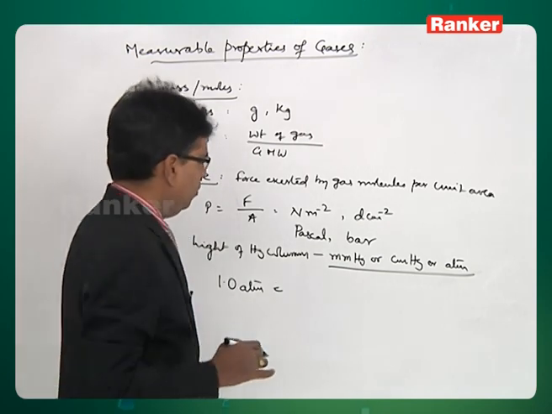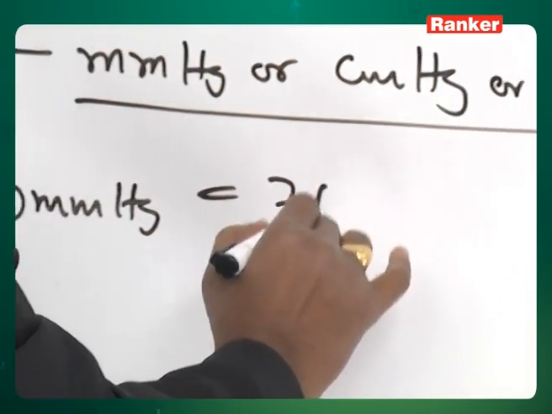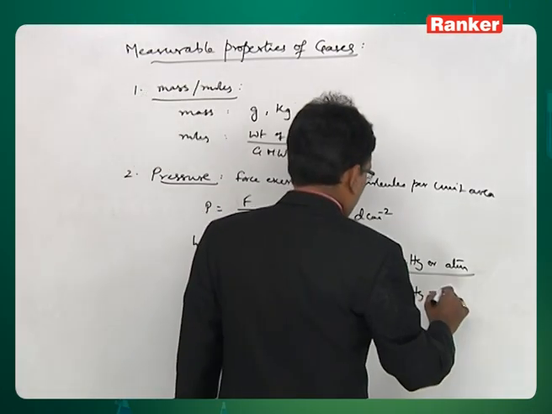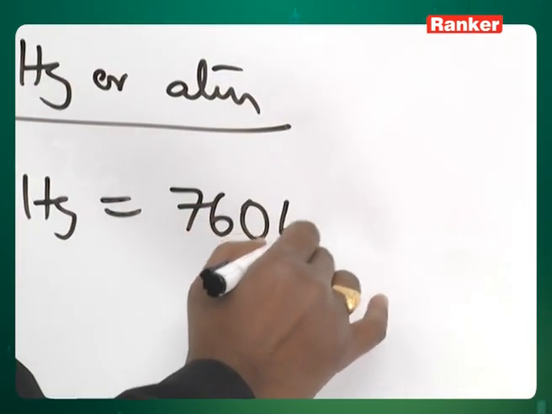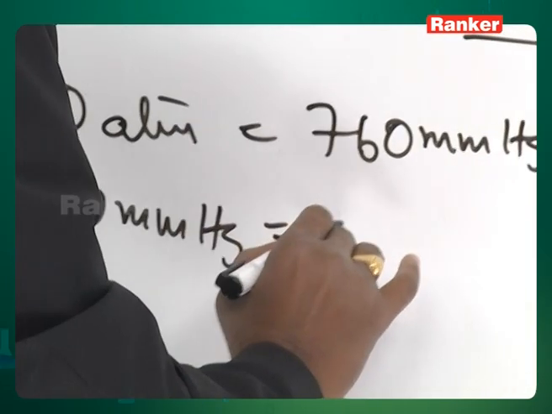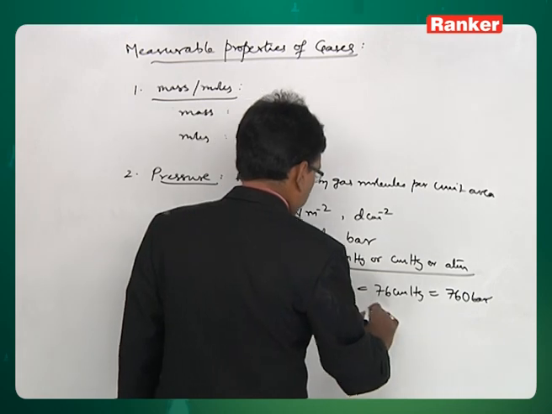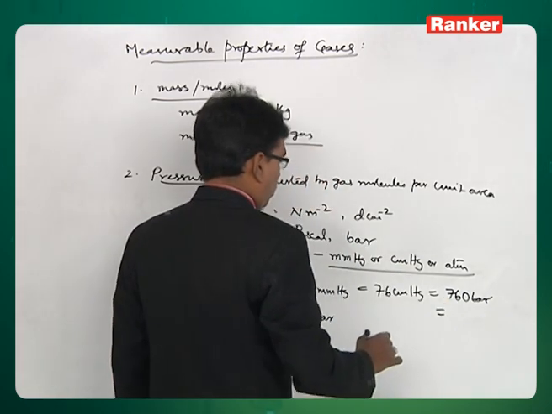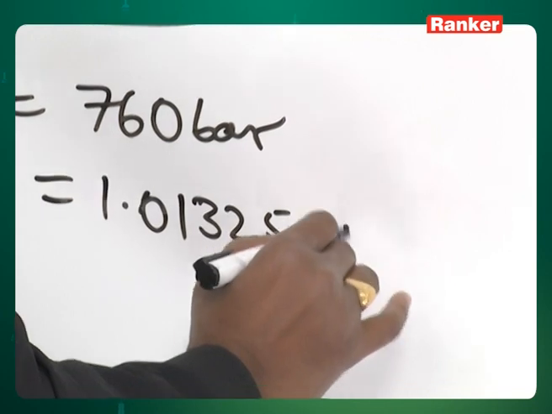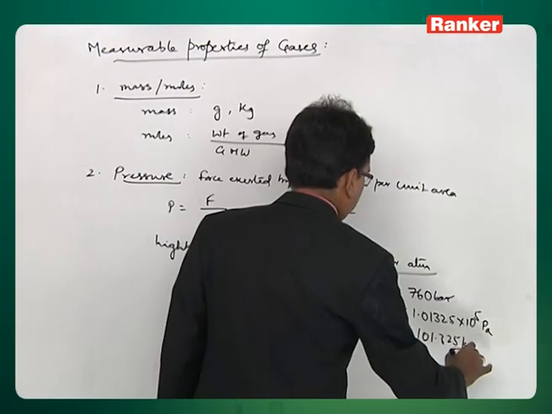is equal to 760 mm of mercury, which is equal to 76 centimeters of mercury column, and which is equal to 760 torr, meaning 1 mm of mercury is equal to 1 torr, and again this is equal to 1.01325 into 10 power 5 Pascal or 101.325 kilopascal.